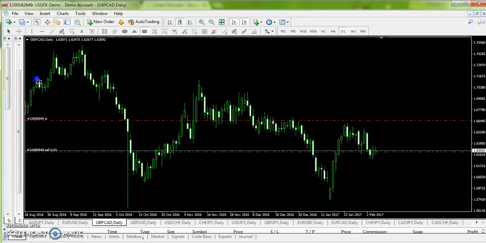So the aim of this setup is not to grab the highs or lows. Instead, the aim of this setup is to have more than 60% of the level, right? So here we were. This was the high, and this was the low, right?